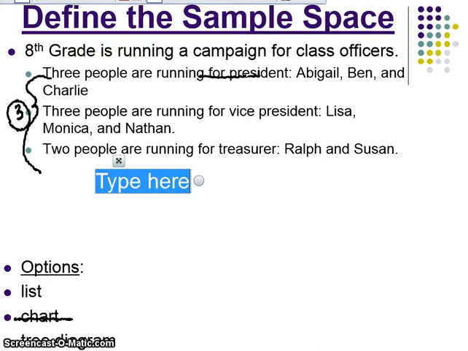So let's start listing what we think could happen. Well, Abigail could win president, Lisa could win vice president, and Ralph could win treasurer. So I just picked the first person from each set. Even if Abigail and Lisa won, instead of Ralph being treasurer, Susan could be treasurer.